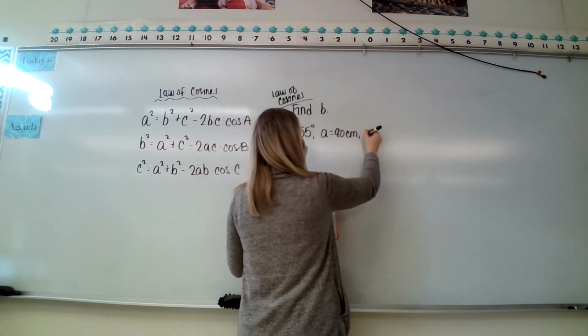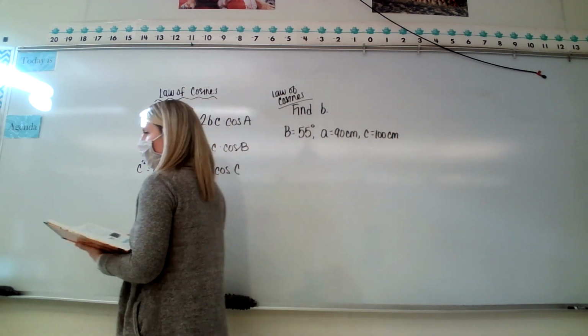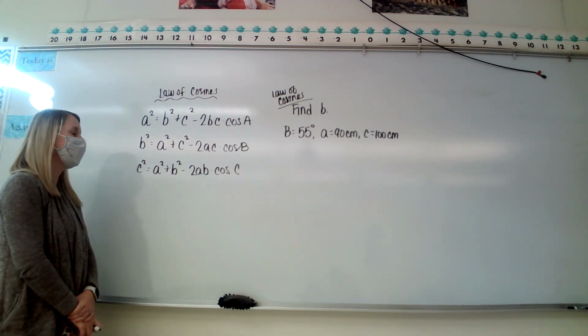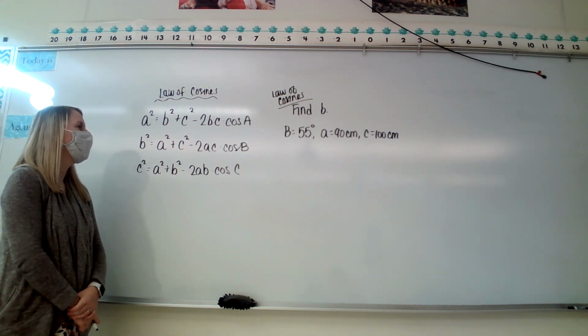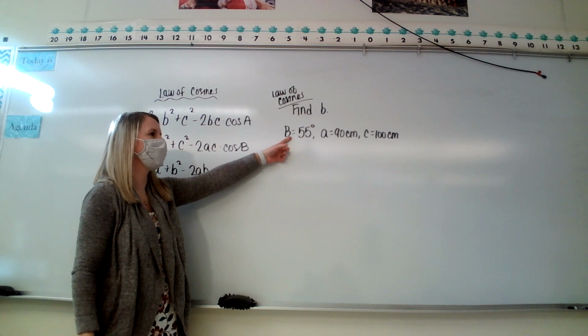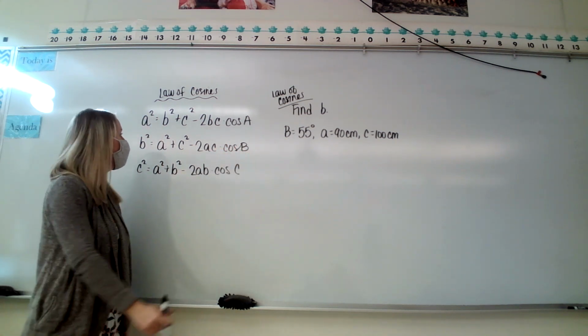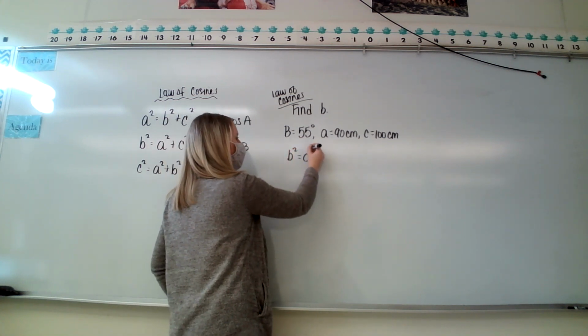Side C is 100 centimeters. A little quick internal conversation: I have angle B. The only formula that has angle B is the middle one, so that's the one I'm using. I like to rewrite it just to remind myself what I'm plugging in and where.